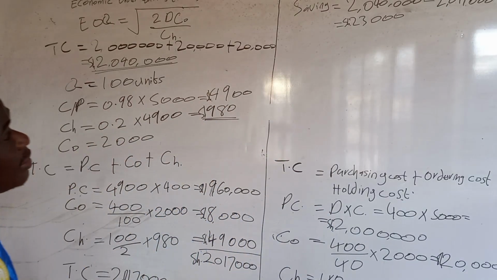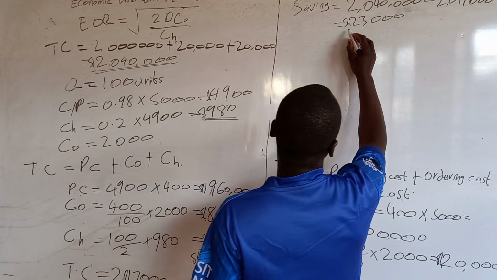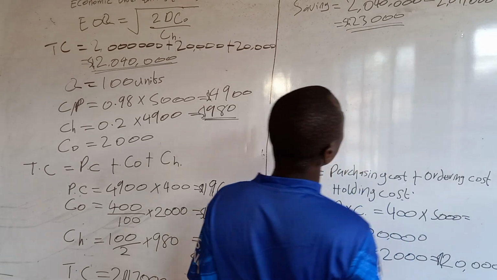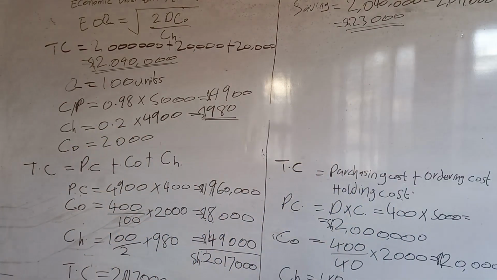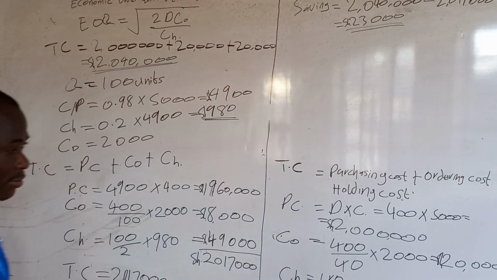As you can see, if we take the discount, we would be saving 23,000. So therefore, the advice would be we take the discount.